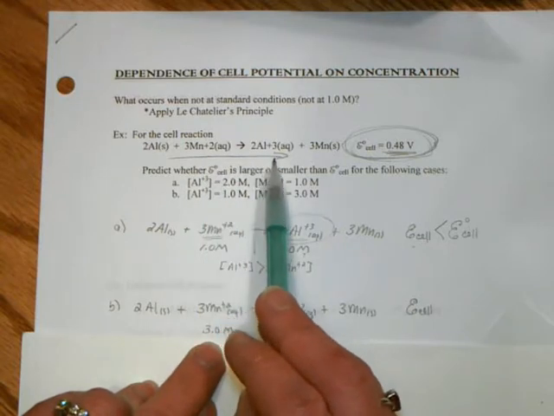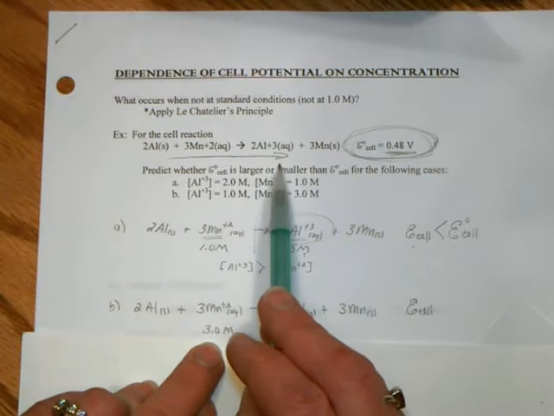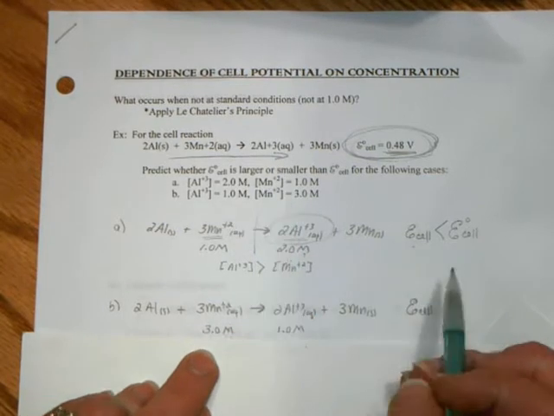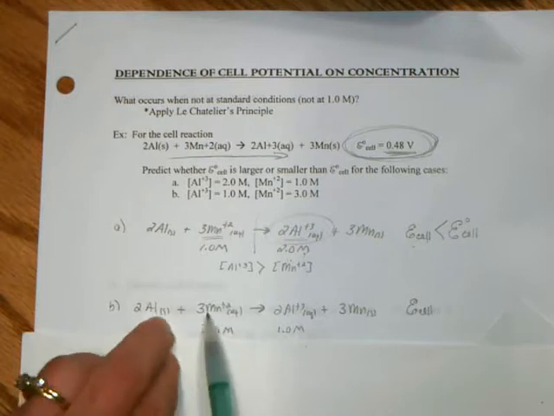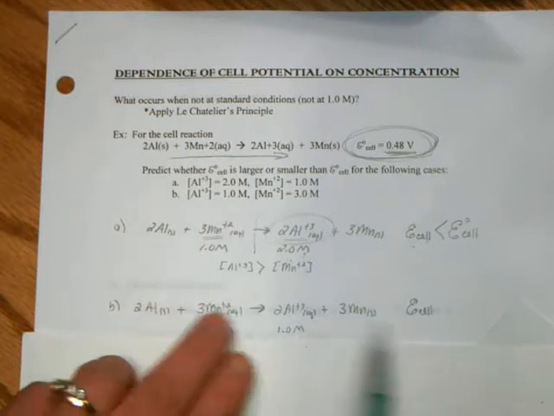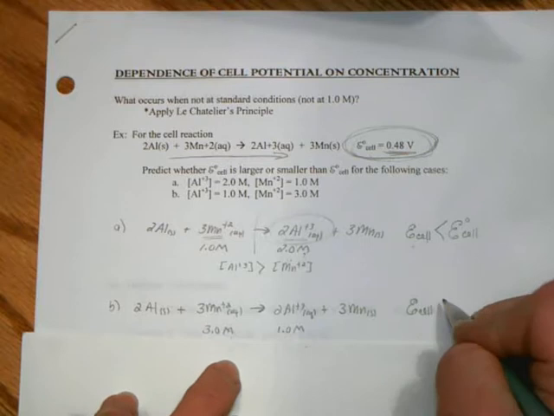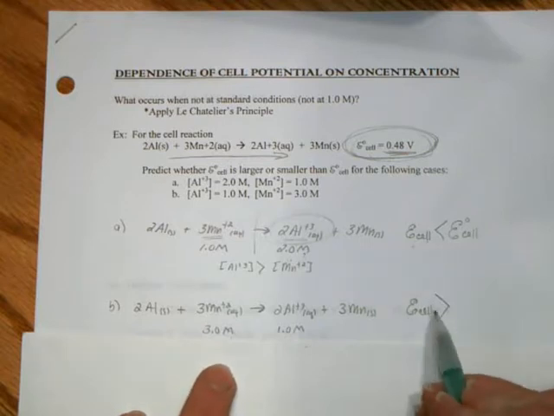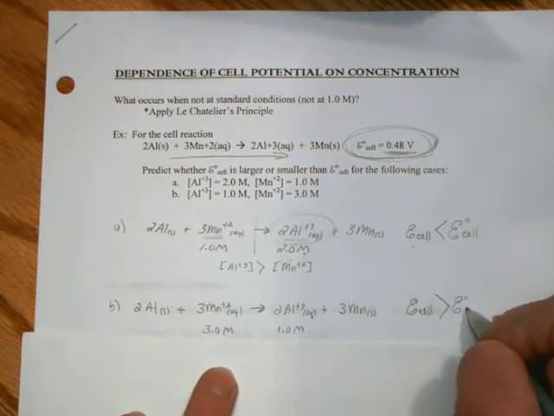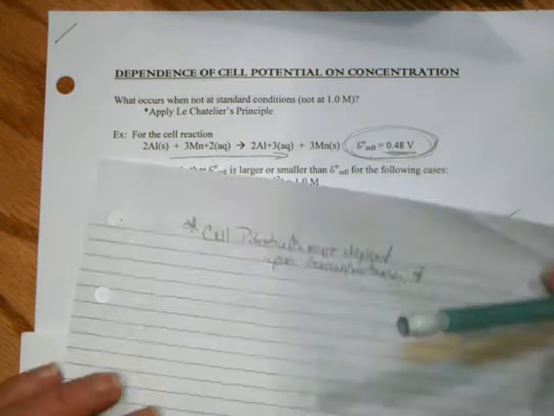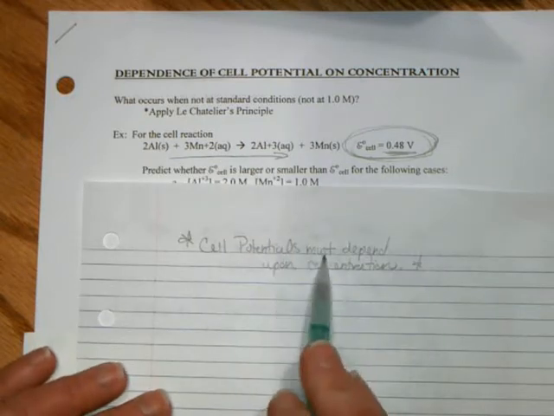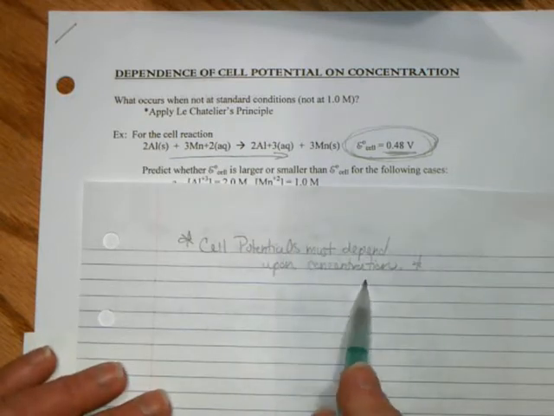Here, too much reactant, so that is going to cause a greater push. So that would have us predict that the E of our cell would be greater than standard state conditions. When we actually measure these situations, we find these to be absolutely true. So then we know that cell potentials must depend on concentration.